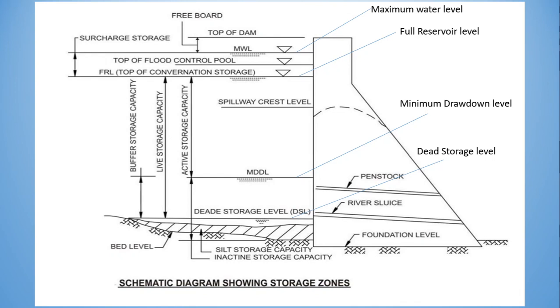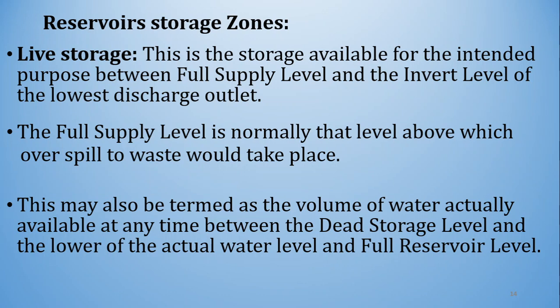In an earlier lecture, we already discussed these levels: maximum water level, full reservoir level, minimum drawdown level, dead storage level, etc. Now we have to see the various storages. The reservoir storage zones include various storages. First is the live storage zone.